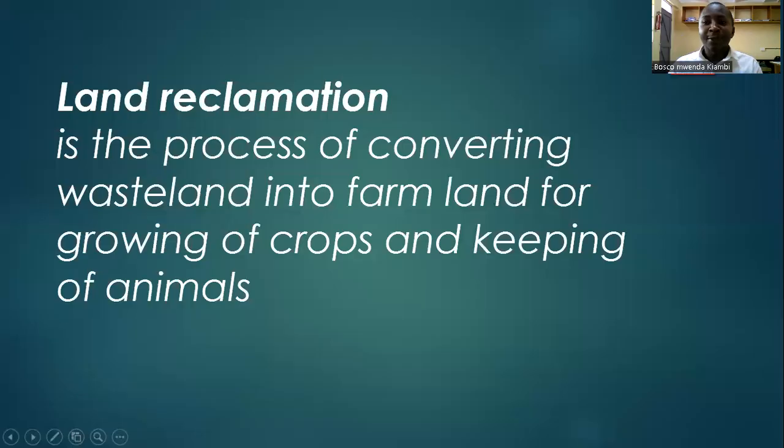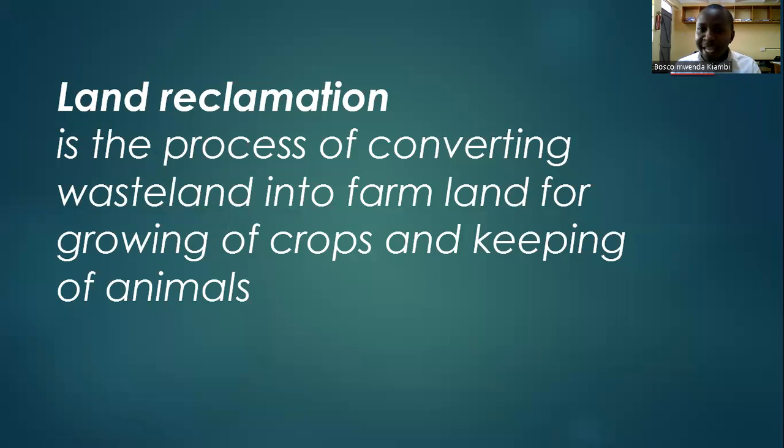So we're going to start by looking at the definitions of land reclamation, what is land reclamation, and of course, what are other items that are related to land reclamation. Land reclamation is the process of converting wasteland into farmland for growing crops and keeping of animals.